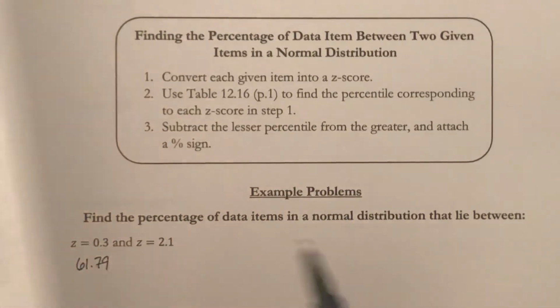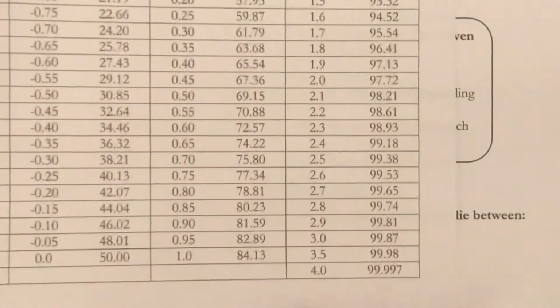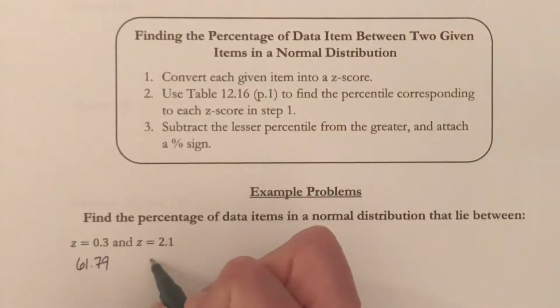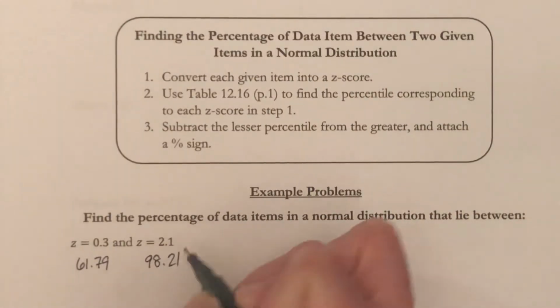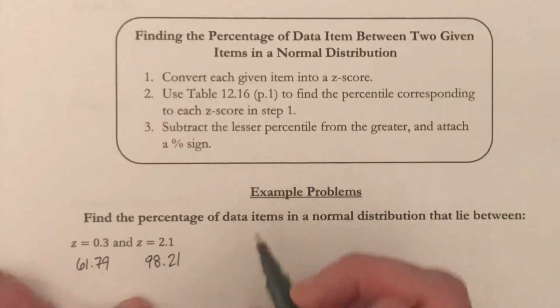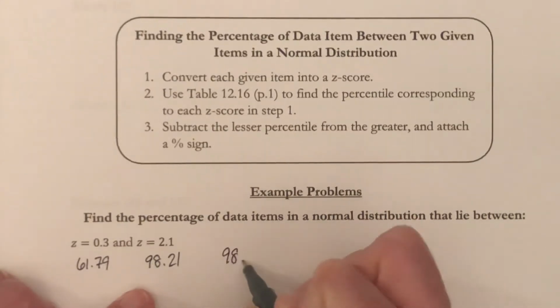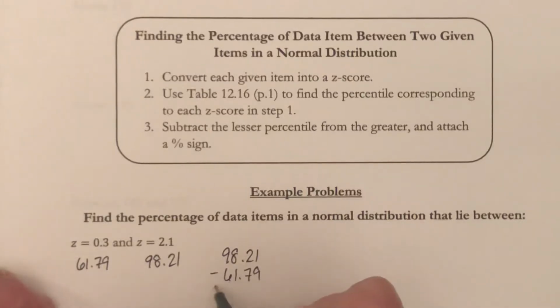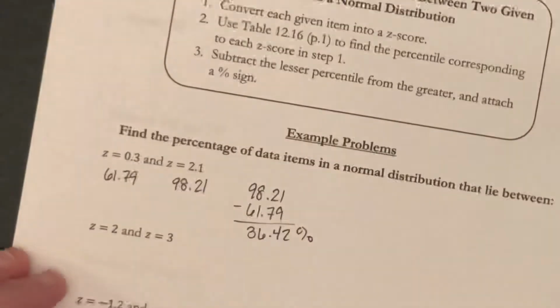And a z-score of 2.1. 2.1 is 98.21. So to find the percent between, 98.21 minus 61.79, and that gives you 36.42% of all the data between those two scores.